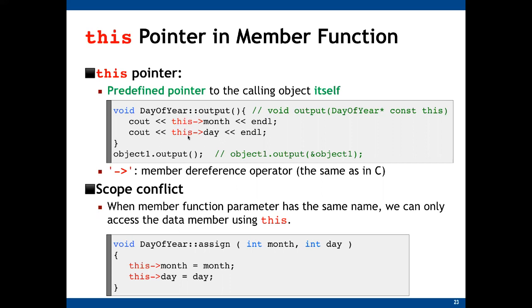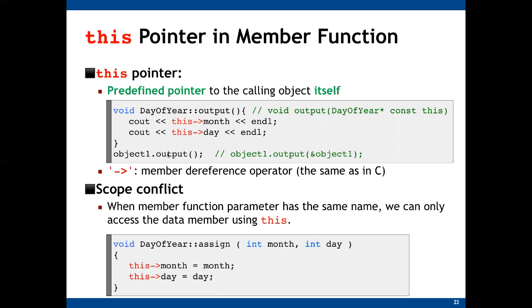The this pointer is a predefined pointer. It is automatically defined by the C++ compiler. And this arrow symbol is a dereference operator, which is the same as in C when you are using a pointer. Using the this pointer, you can dereference the object being used to call these member functions. So assume that object1 is an object of the day of year class.